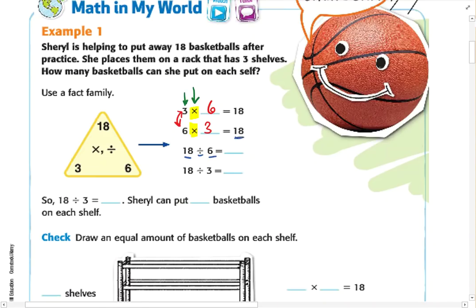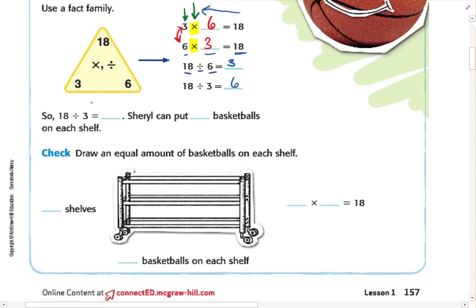If I take what I already have and divide by the other number, I can get back to my original. So 18 divided by 6 is 3. 18 divided by 3 is 6. I'm just going the other direction when I divide. So Cheryl can put 6 basketballs on each shelf.